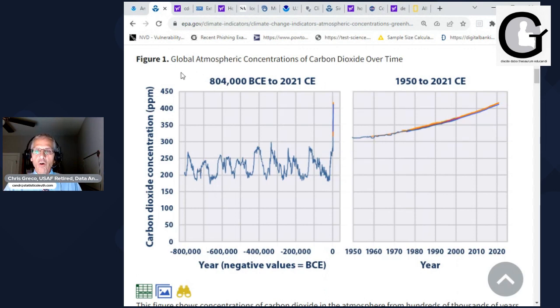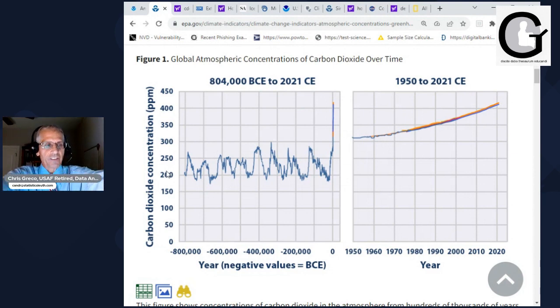So here's global atmospheric concentrations of carbon dioxide over time. Now, this goes back all the way to 800,000 years ago. You've heard me talk about this in the past, about this predicting the past thing. This is the concentration of carbon dioxide, and you notice it's saying global atmospheric concentrations of carbon dioxide.